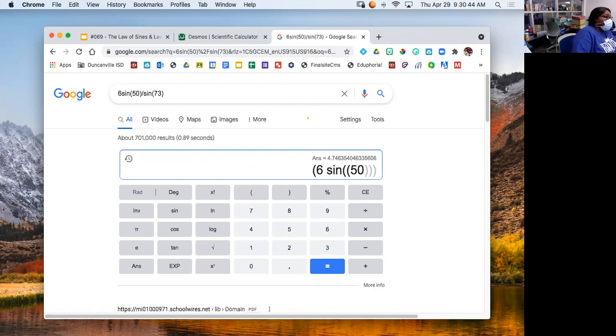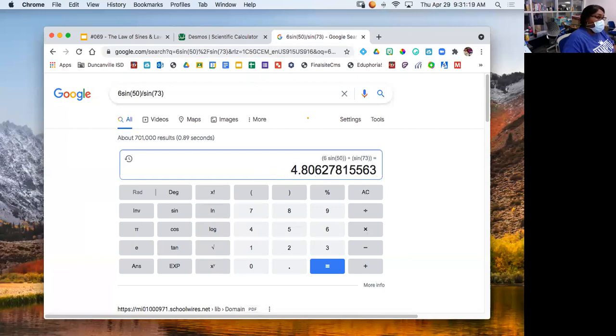Sine 50. Okay. 50 divided by, open parentheses, sine of 73 close.